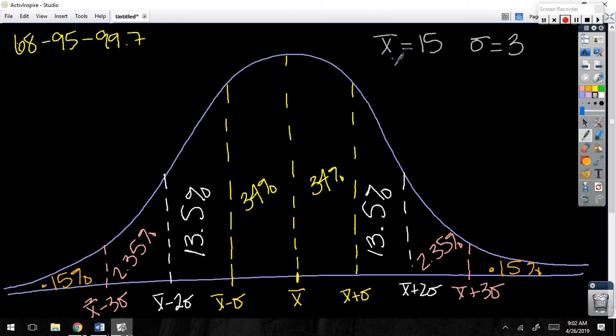What is the probability that your variable is less than or equal to 18? You don't have to make another one now.